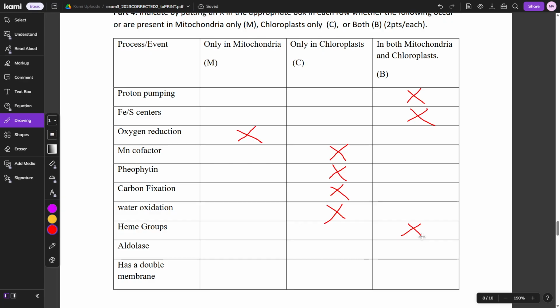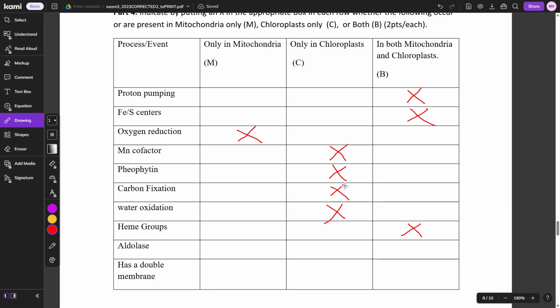They are not going to test you on the exact structure of the hemes. I guarantee that. If they do, you can come over here and start yelling at me. But they can definitely ask you which ones have hemes in them. That's pretty reasonable. Both of them have hemes, the A1s, the A0s, and all that jazz. I think it is in all of the complexes. I'd have to look at the image itself, but I'm pretty sure it's in the majority of them.